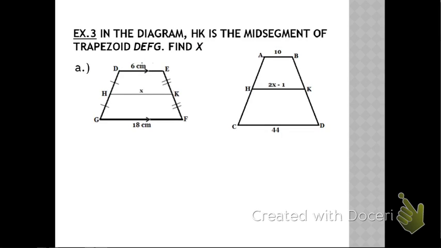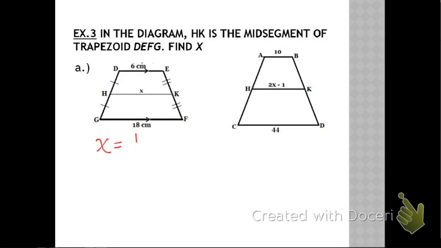In the diagram, HK is the midsegment. Find X. All right, so one way we know that this is the midsegment on letter A is the fact that they marked the pieces of each leg as being congruent. So we know that H and K are midpoints anyway. So in order to do this, we're going to find X. X is the midsegment.